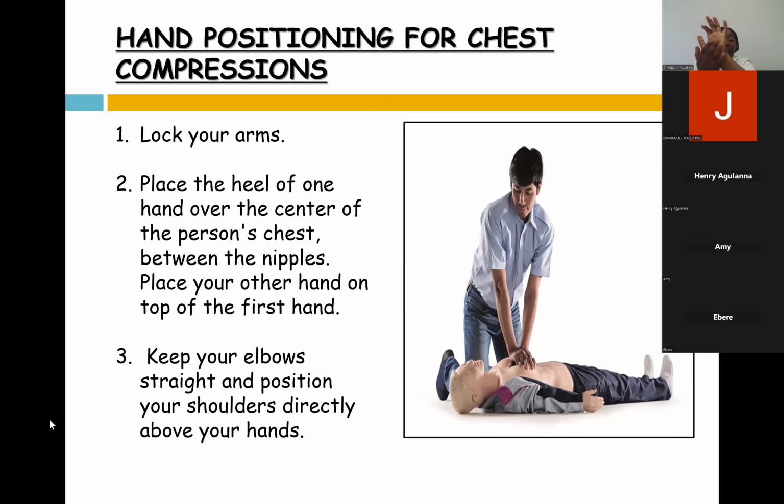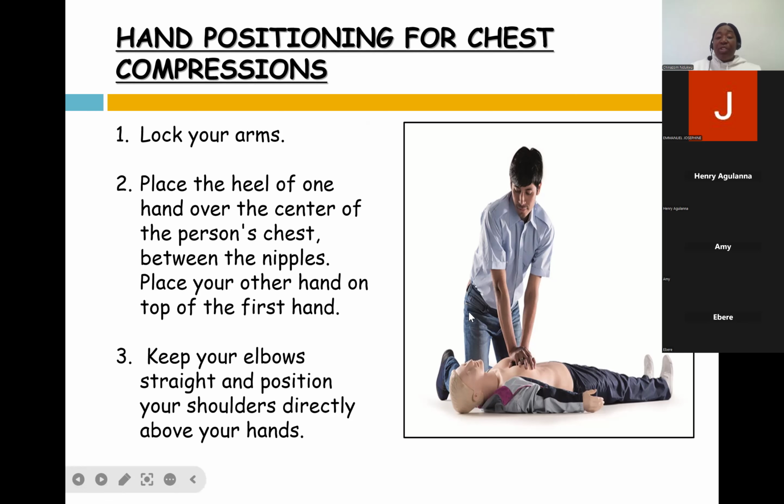Then with the heel of the one under, this is the place you're going to place on the person's chest to start the CPR. So that is exactly how you're going to keep your hands. Lock your hands and use the heel of the hand under and place it on the center of this patient's chest, between the nipples.